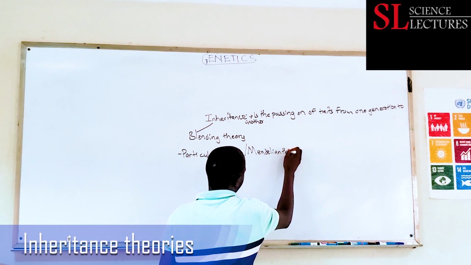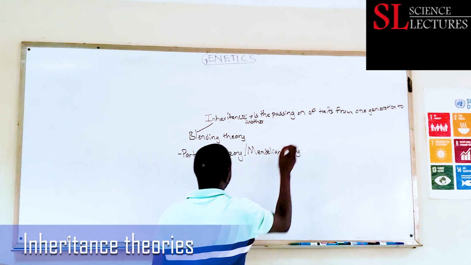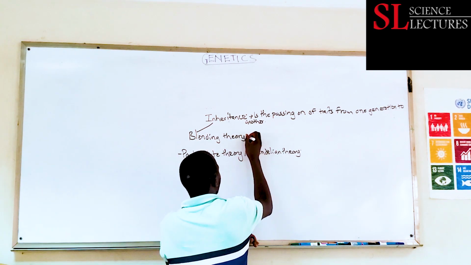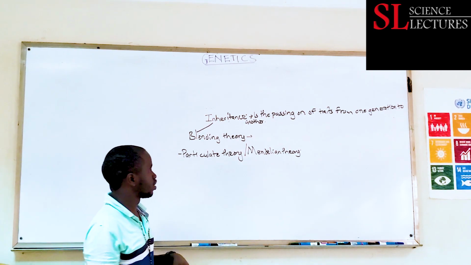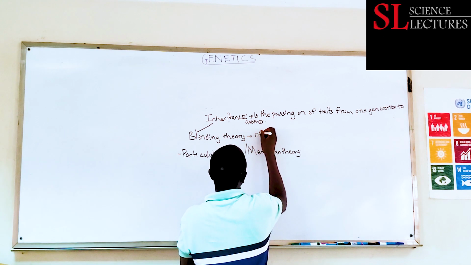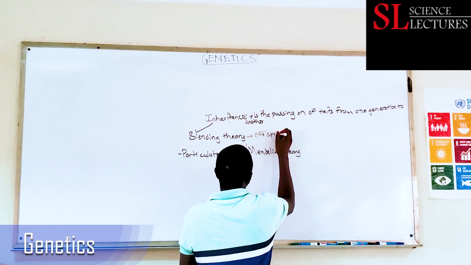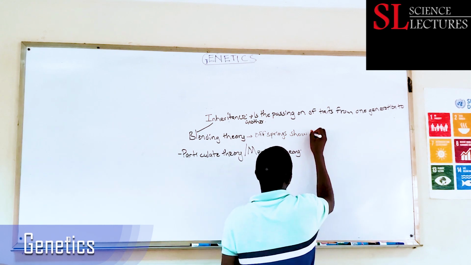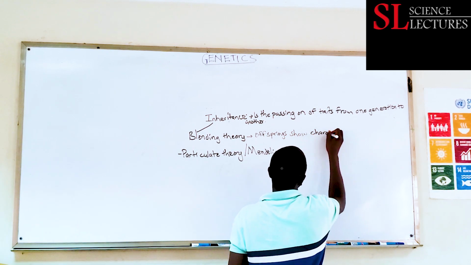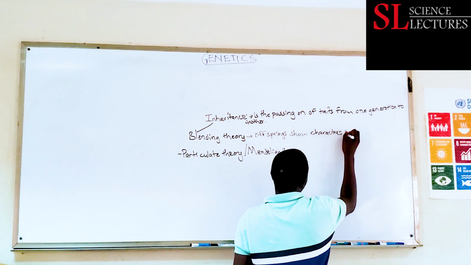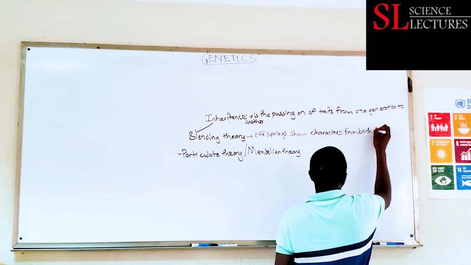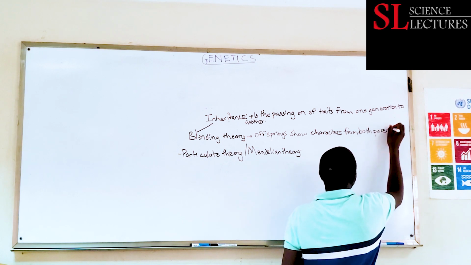In the blending theory, this theory states that offsprings show characters from both parents.